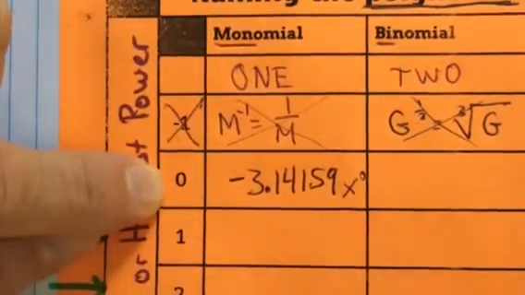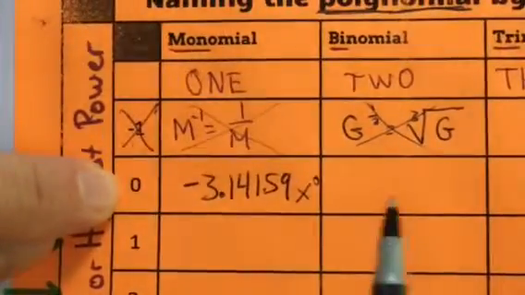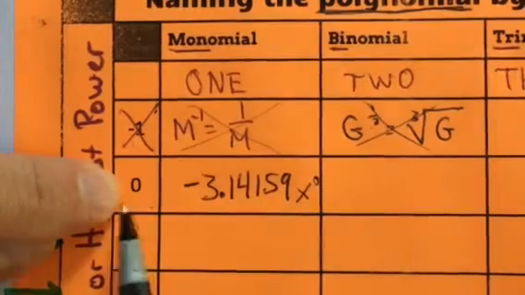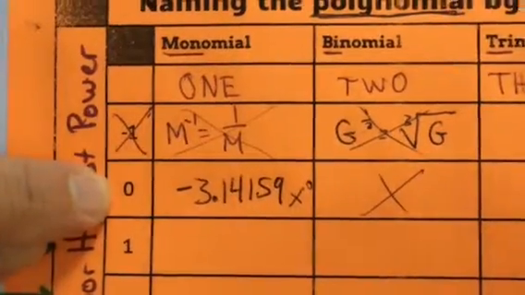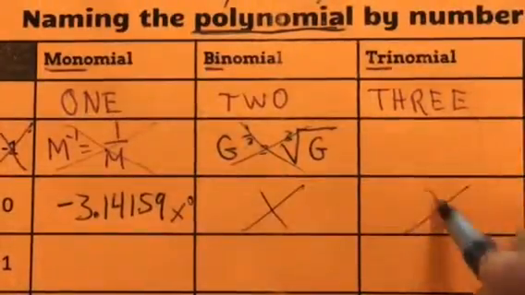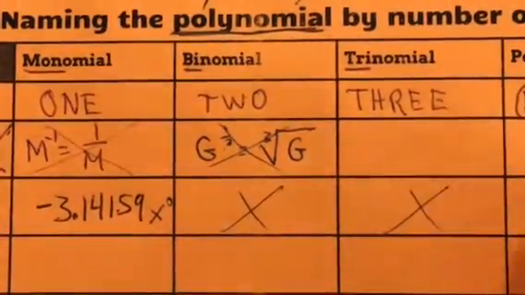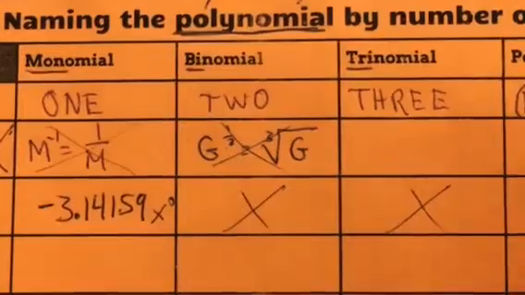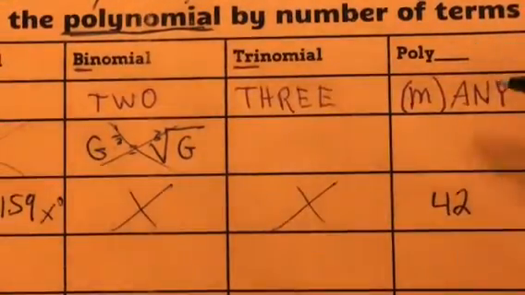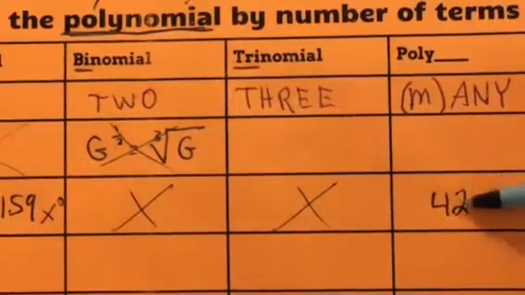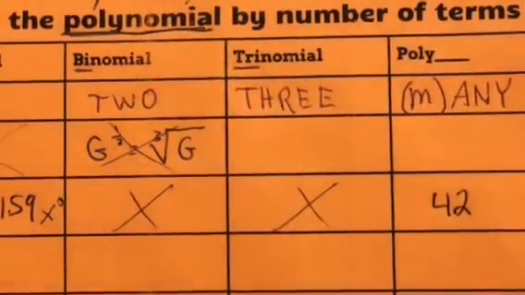I don't have any x's. I cannot write a binomial with degree 0. Cannot do it. I cannot write a trinomial with degree 0. And I cannot write, well, another polynomial, 42. If I want to just put any polynomial, there's no variable, I can put any number I want.